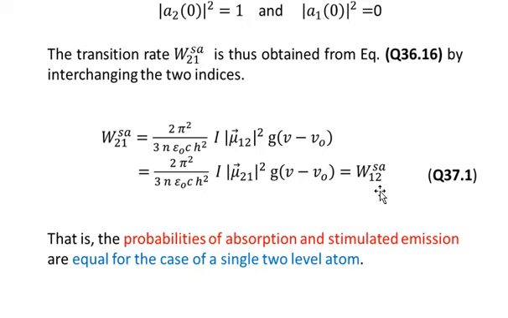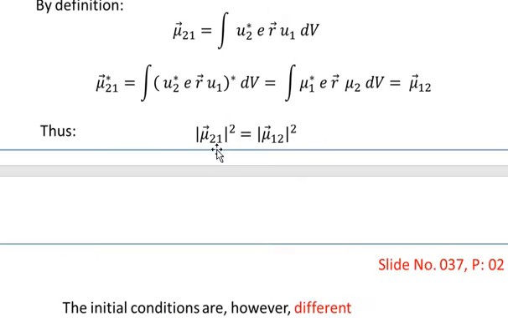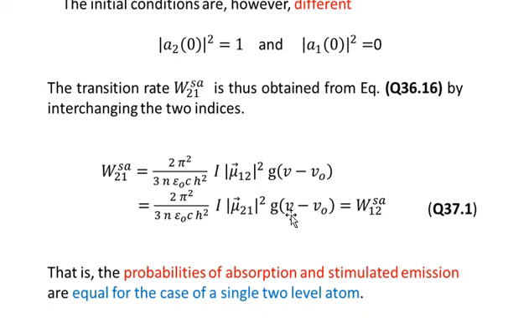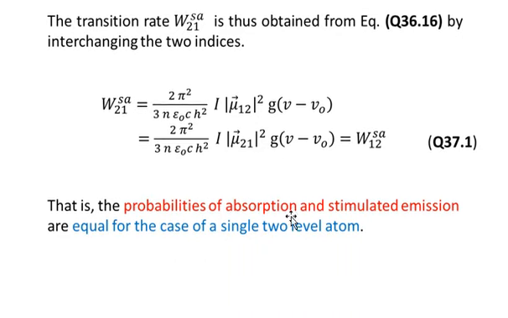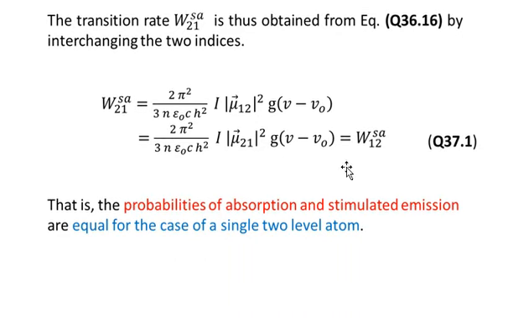This is because we have used the fact that mod square of mu21 is equal to mod square of mu12. Using this fact, we found that W21 is equal to W12. That is, the probabilities of absorption and stimulated emission are equal for the case of a single two-level atom.